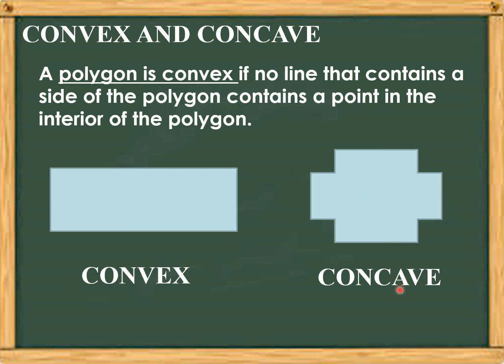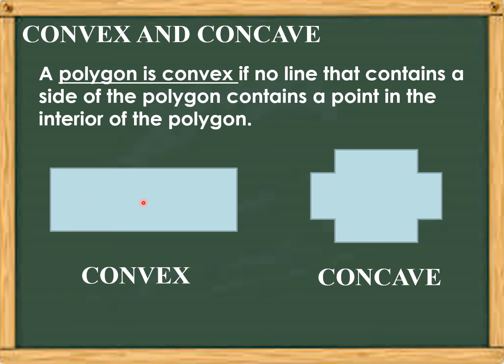Paano kaya natin nalaman na convex to at concave? According to the definition of convex, kapag daw walang line sa side ng polygon na tumama sa interior part ng polygon, ibig sabihin convex siya. So, para malaman natin kung wala bang tumama sa interior part ng ating polygon, we're going to draw a line for each side of the given polygon.